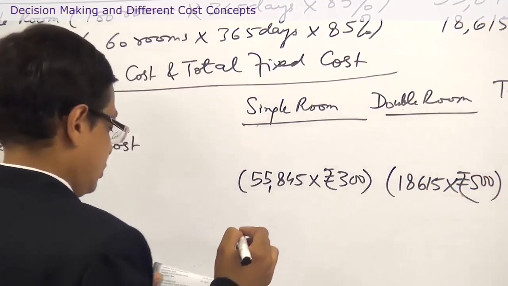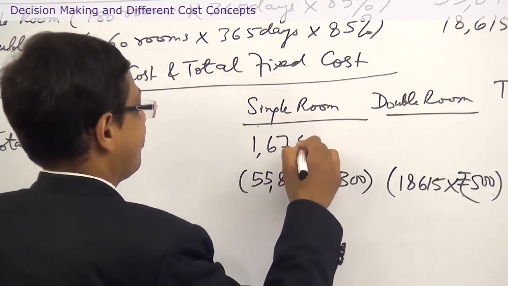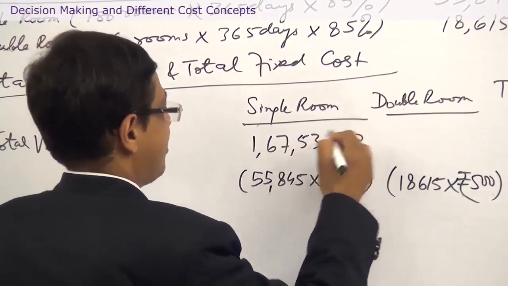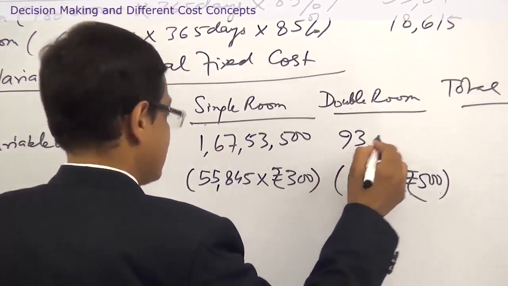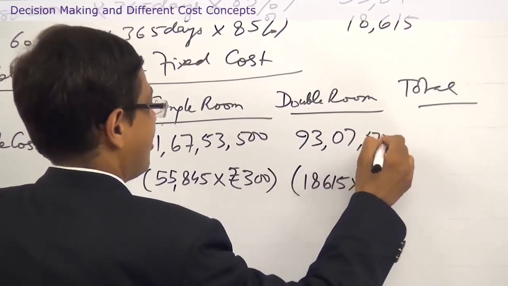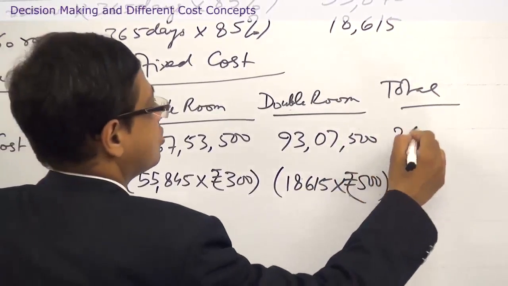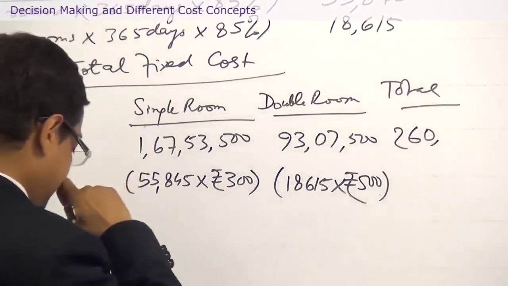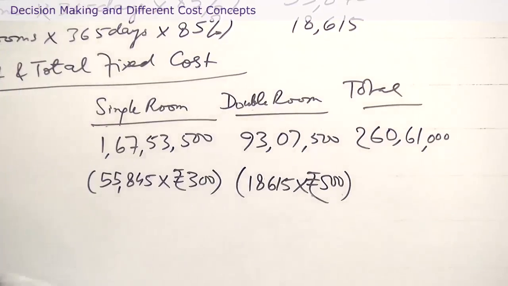So if you total, this becomes 1 crore 67 lakh 53,500, and this becomes 93,07,500. So if you add them together, this becomes 2 crore 60 lakh 61,000, right?